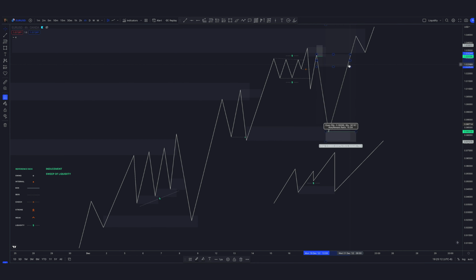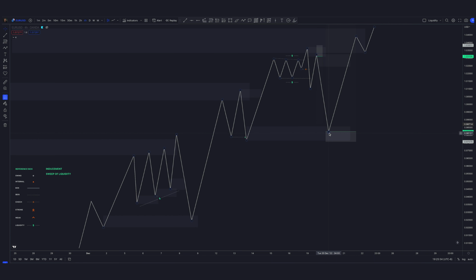So we don't want to take another short from here, right? Let me delete this guy because it's kind of pissing me off. So you don't want to be taking another short from here because we know that the overall structure is bullish.